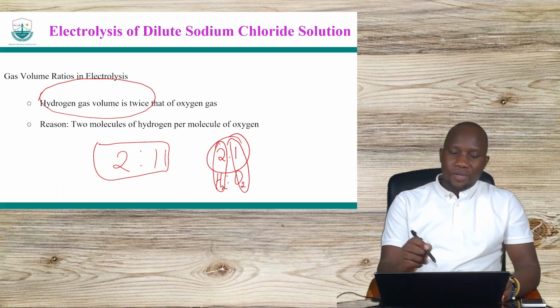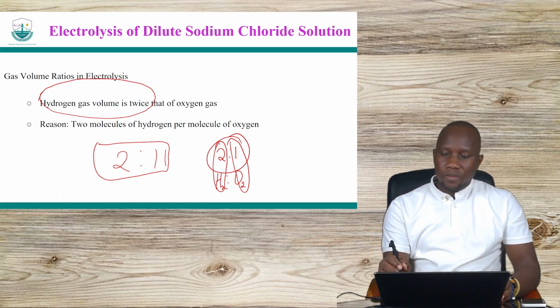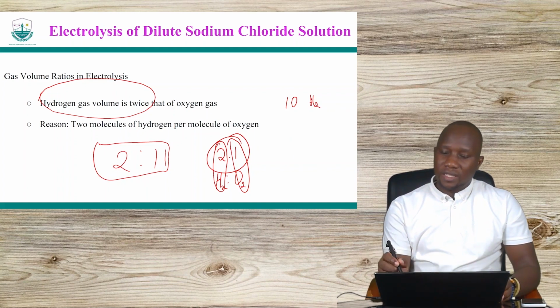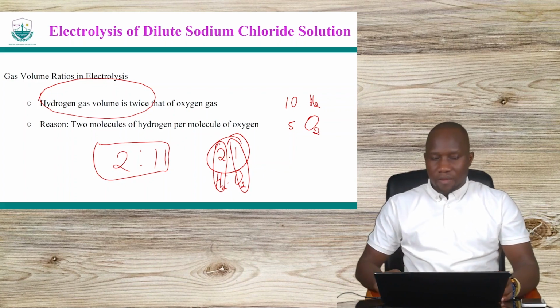So this is basically to say if we have 10 liters of hydrogen, that means that hydrogen is twice as much as oxygen. That means that oxygen is actually 5. That's what it means there.